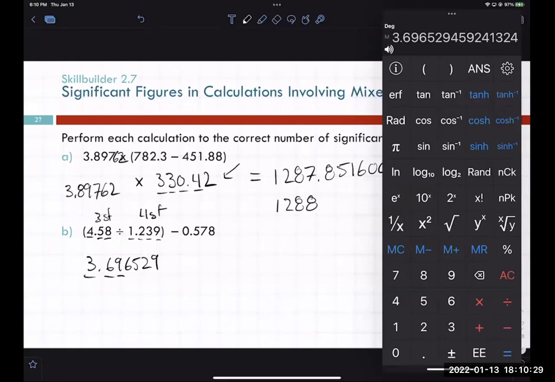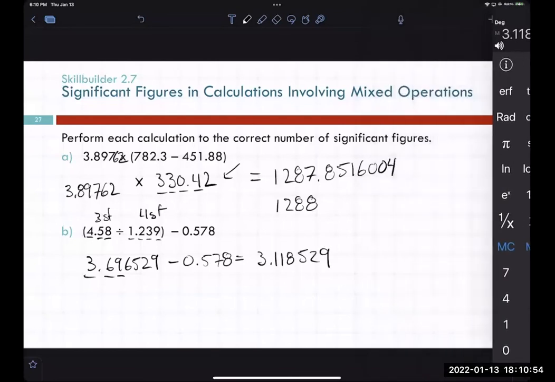You don't round yet. You carry the whole number over into your next step, where we're now going to subtract 0.578. So if we do this, right, too many again.